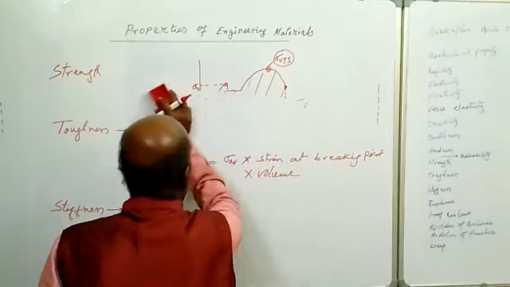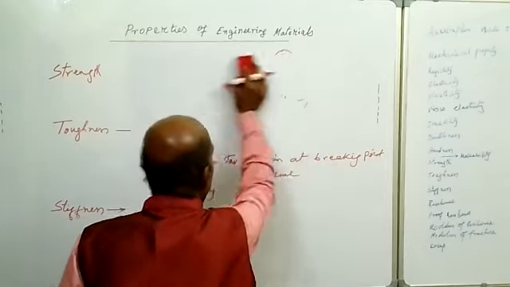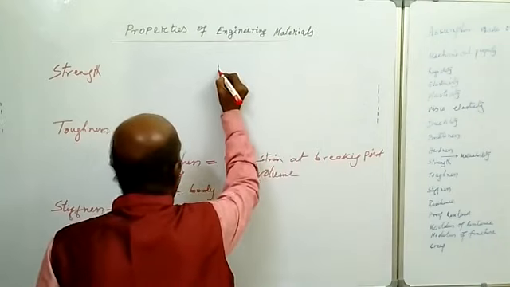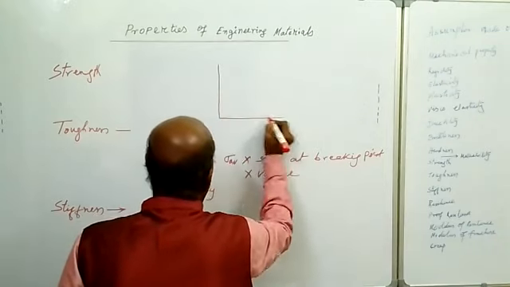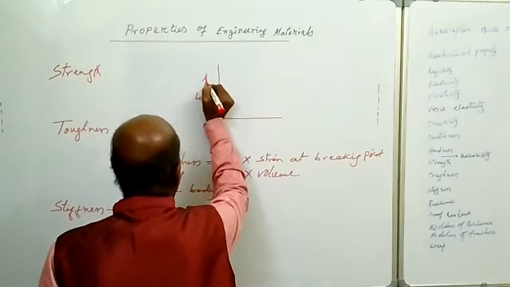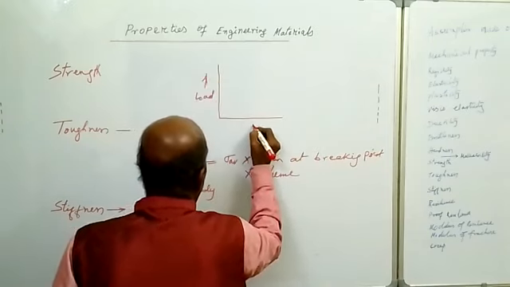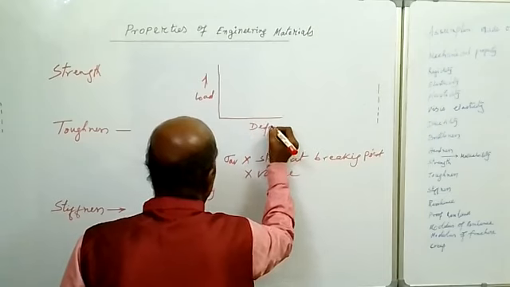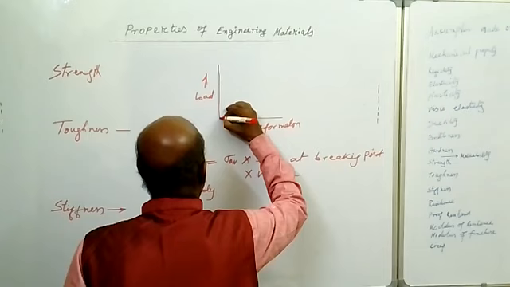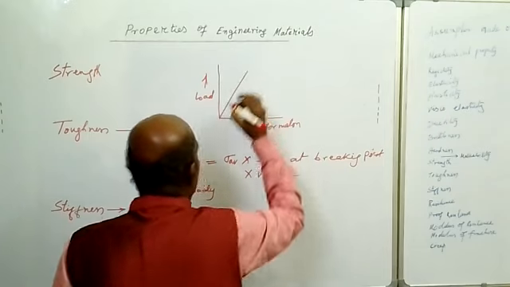Say we are drawing load versus deformation. This side indicates the load and this side indicates the deformation. Within the elastic limit, it will give a straight line.